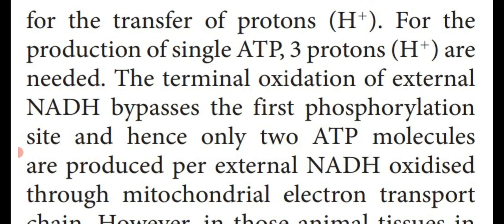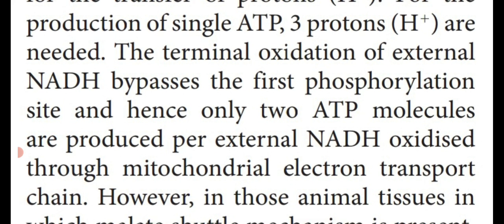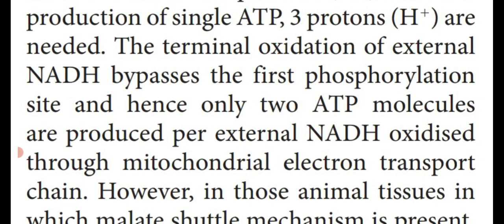At the same time, the terminal oxidation of external NADH present in the cytoplasm produces ATP by the phosphorylation process. So, only 2 ATP molecules are produced per external NADH dehydrogenase present in the cytoplasm.